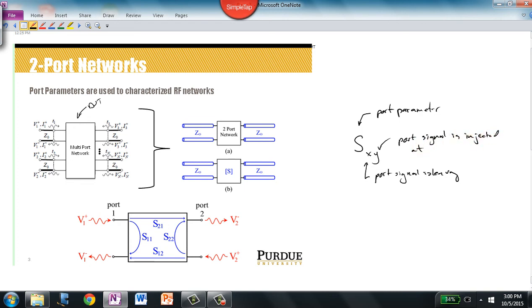By injected, I just mean which port is the input port. For example, S12 is the S parameter that measures the signal leaving at port 1 when the signal is injected at port 2. So S12 is the transmitted voltage wave at port 1 when port 2 is the sending port.